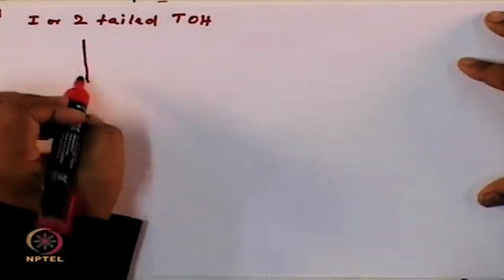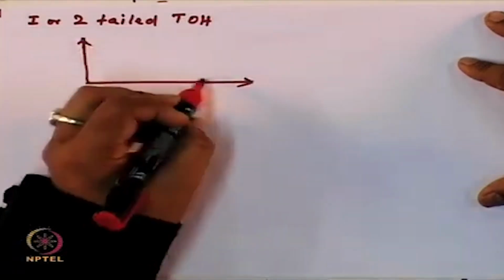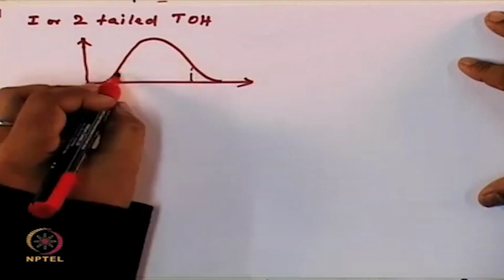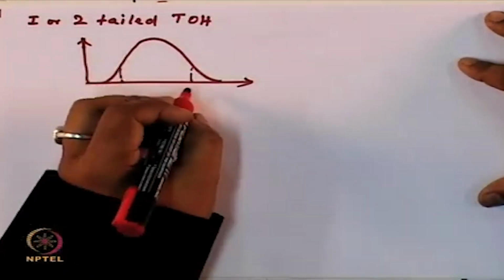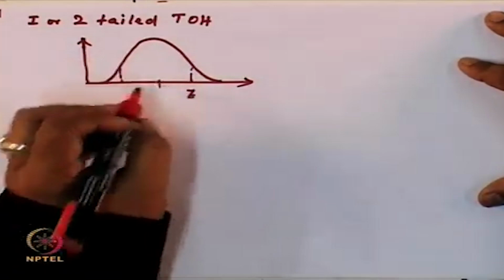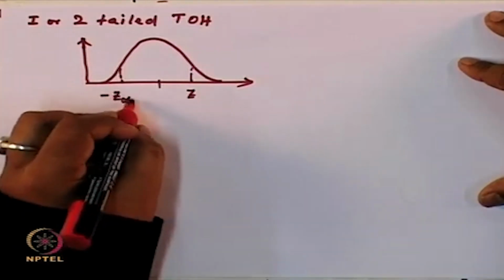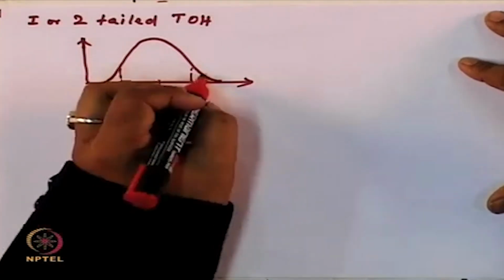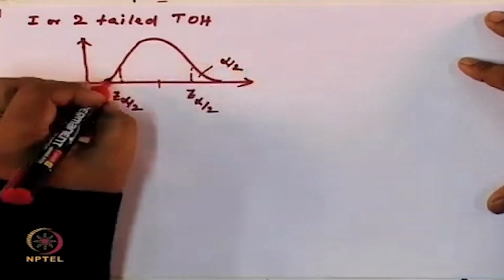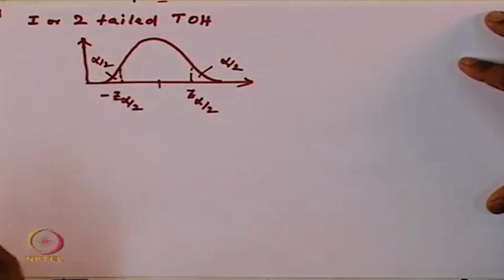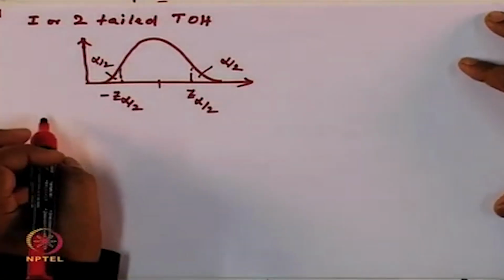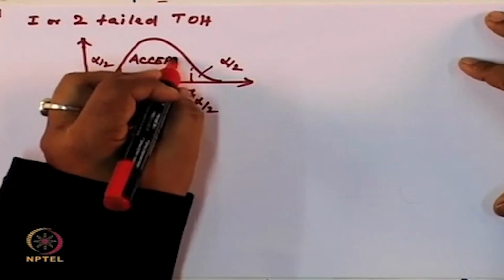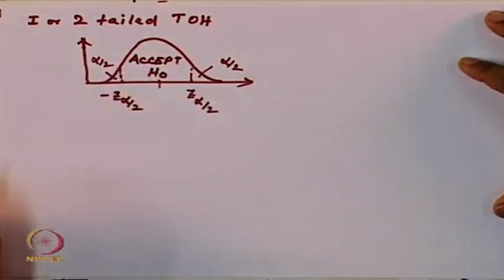In a two-tailed test of hypothesis, depending on your confidence level alpha, you determine this value of z, which is z alpha by 2. This area under the curve is alpha by 2, this is alpha by 2, and accordingly you accept. So, this is the acceptance region for H naught, whatever is your null hypothesis.